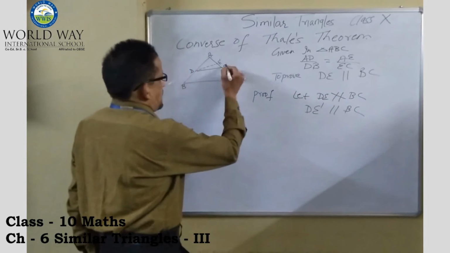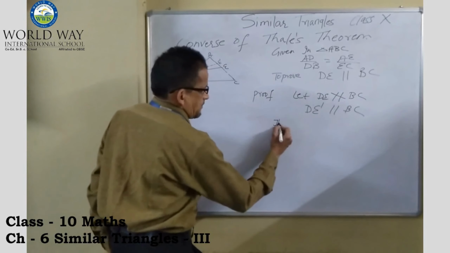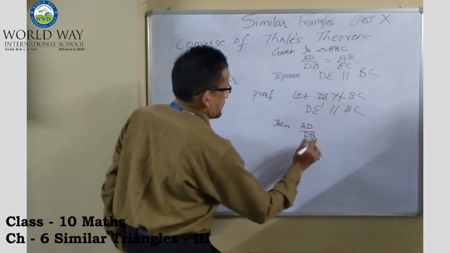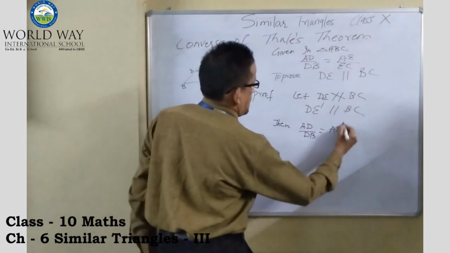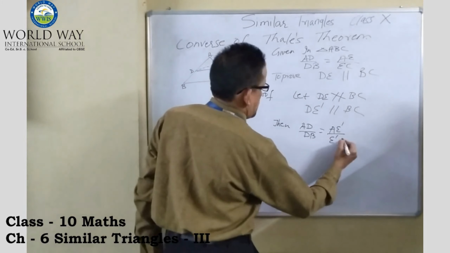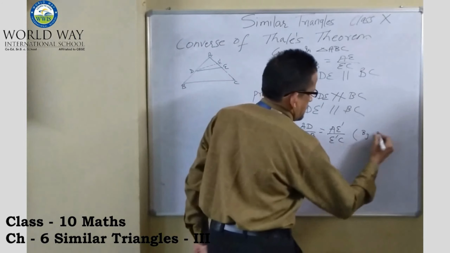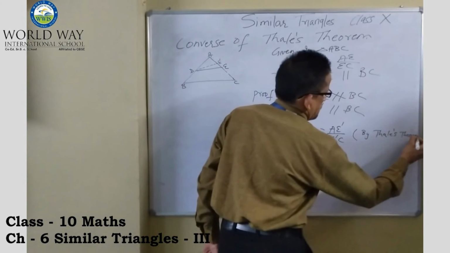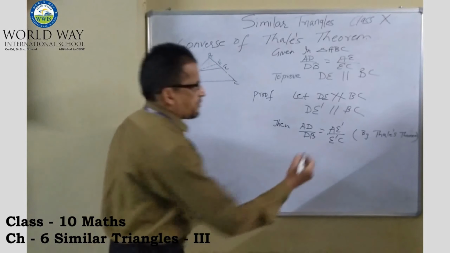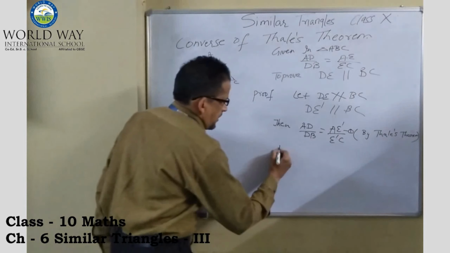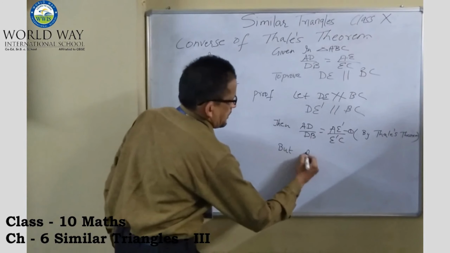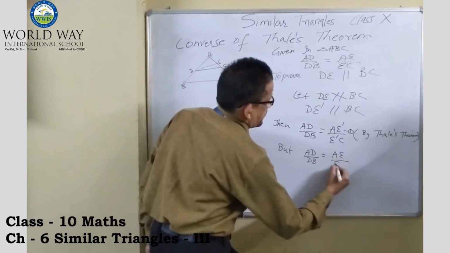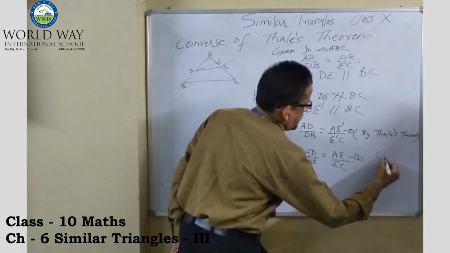So if DE dash is parallel to BC, then AD upon DB is equal to AE dash upon E dash C by Thales theorem. ठीक है? This is equation number 1. But what is given? AD upon DB is equal to AE upon EC. This is equation number 2, given.